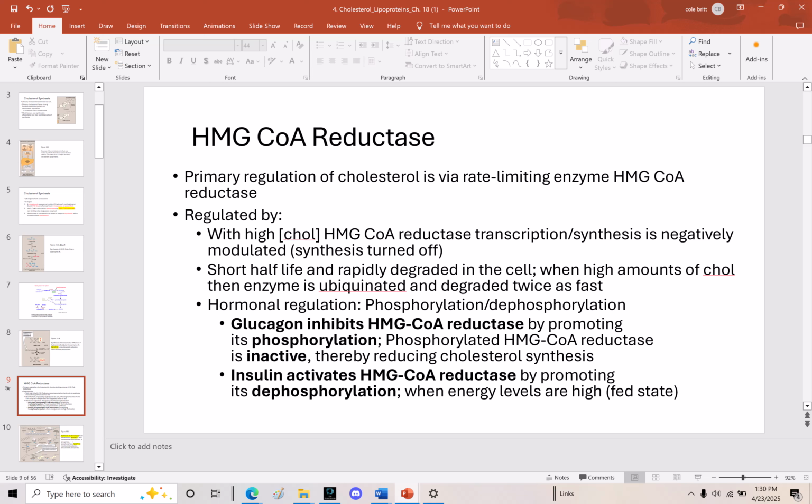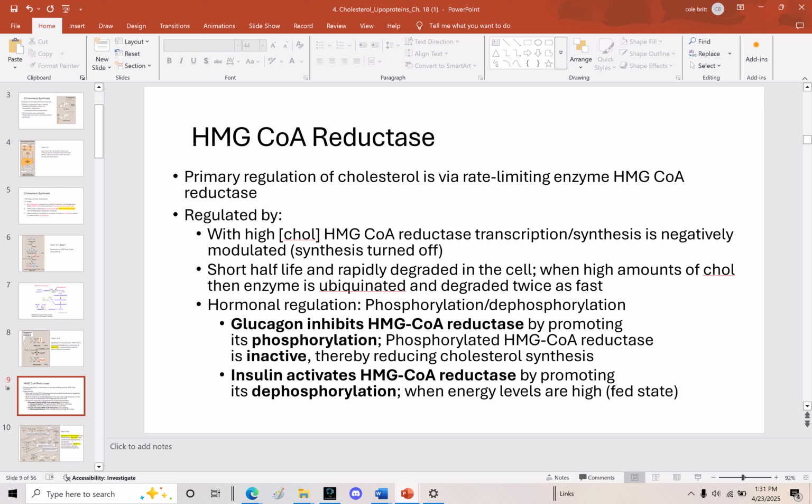So it doesn't stick around very long when it is synthesized. And when there's lots of cholesterol, you will ubiquitinate HMG-CoA reductase, or it'll trigger a pathway that causes its ubiquitination. Remember from last term, when we ubiquitinate something, you tag it for destruction.